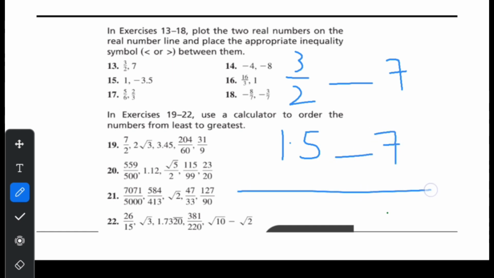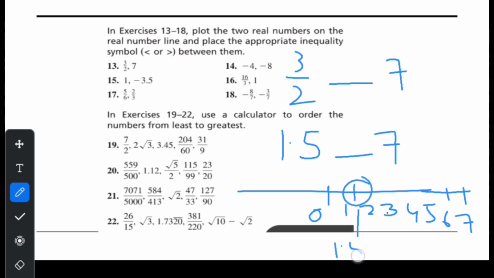So if I explain using a number line, we'll see that both of these numbers would lie on the positive side of the number line, and as we go away from 0, we are heading towards the greater number. So 7 is away from 0 as compared to 1.5, which is nearer. 1.5 lies between 1 and 2, which is near the 0, and 7 is far away from 0 on the positive axis.